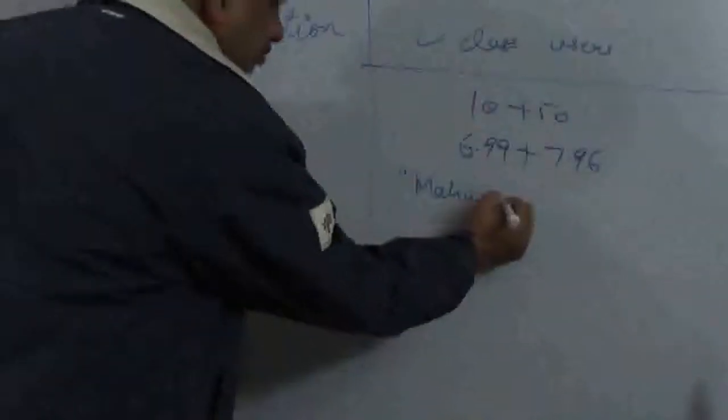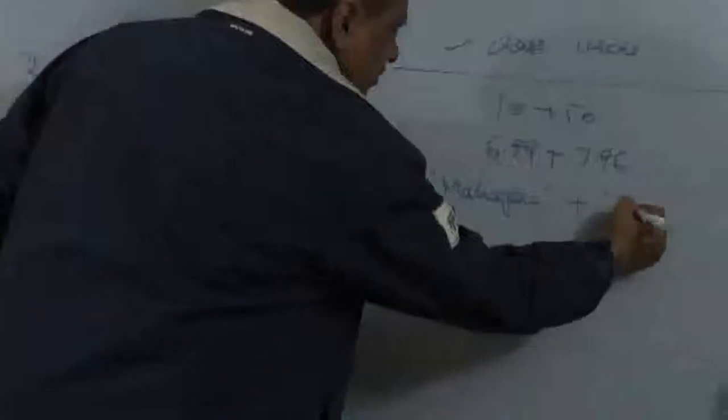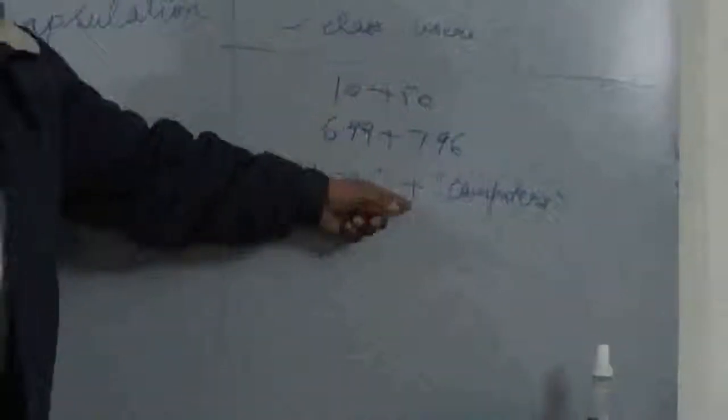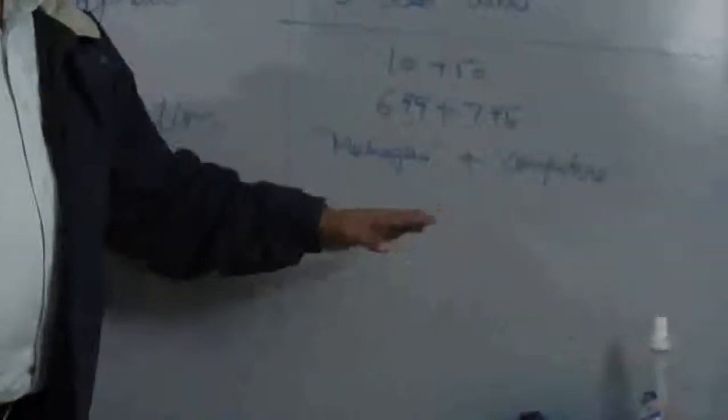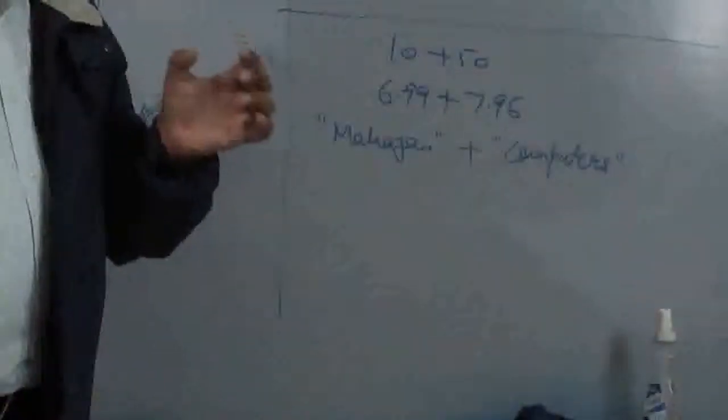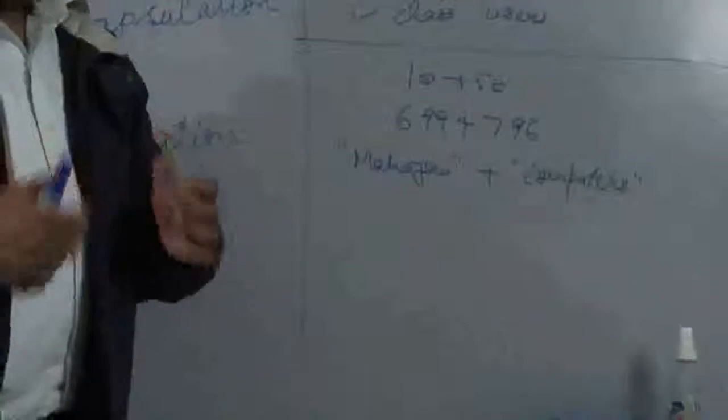Similarly, suppose I write Mahajan plus computers. String concatenation is taking place: the Mahajan string will be concatenated with computers. Again, the plus operator is the same, but this time it is being used to concatenate, to join, two strings.